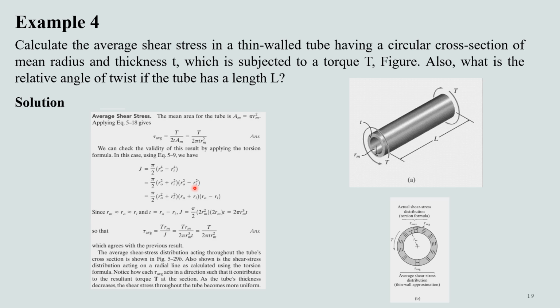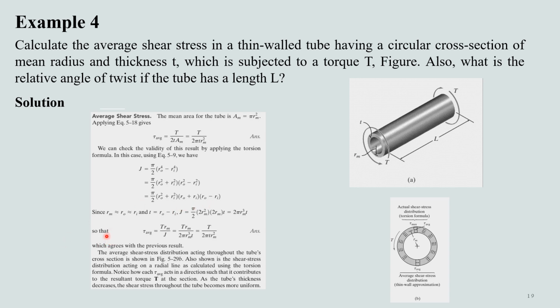For this, we have to determine J. For this J, we have ro to the power 4 minus ri to the power 4, and thus we come up with this equation for the modulus.